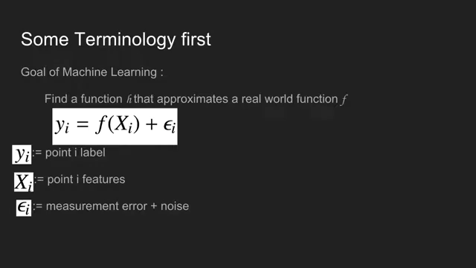Then you have additional noise from quantum fluctuations, reading errors, human error, or any other source of extra information that gets in the way of your readings. What we try to do in machine learning is approximate a function h that takes the role of this function f. We have a hypothesis for how the world should run, or how this certain process should run, and we want to make that hypothesis as good as possible.